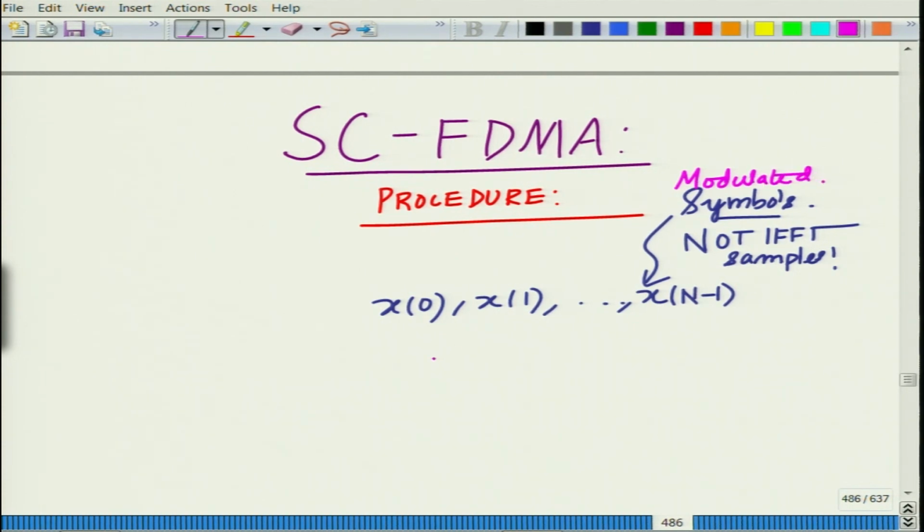These are the modulated symbols, not the IFFT samples, but nevertheless we add the cyclic prefix.